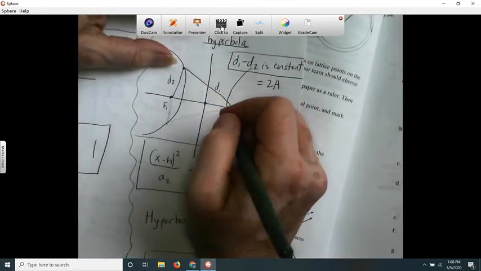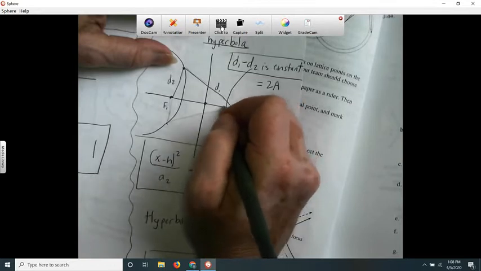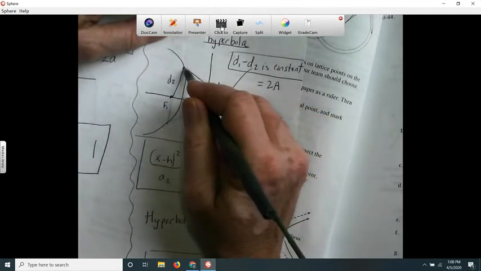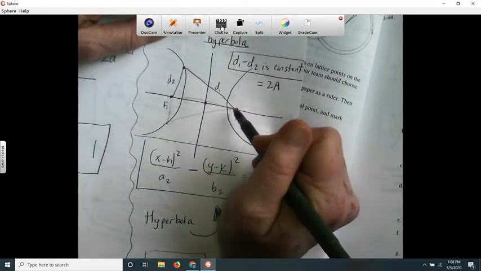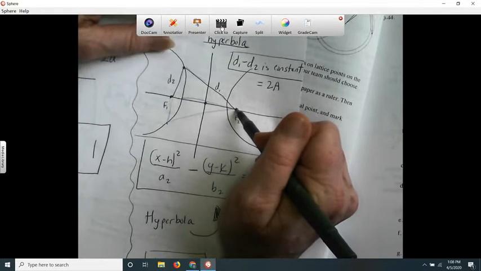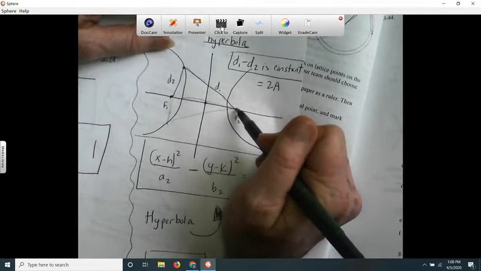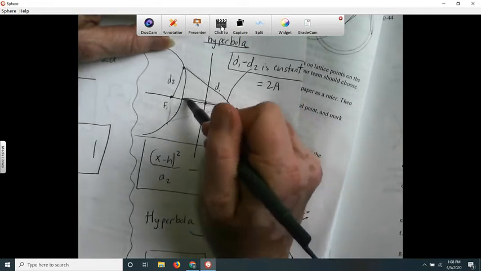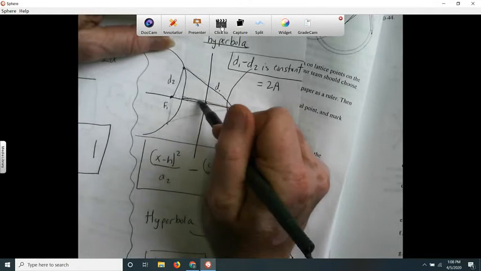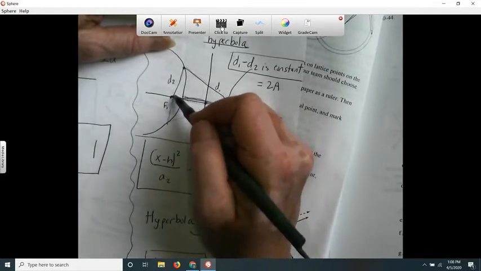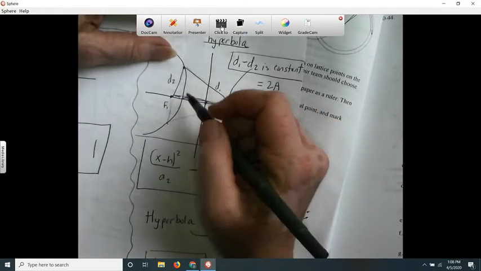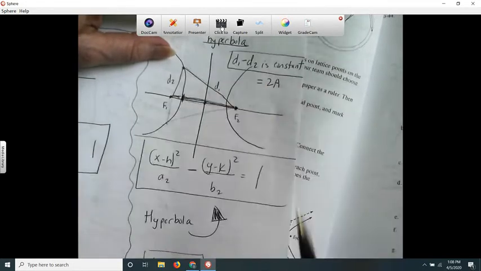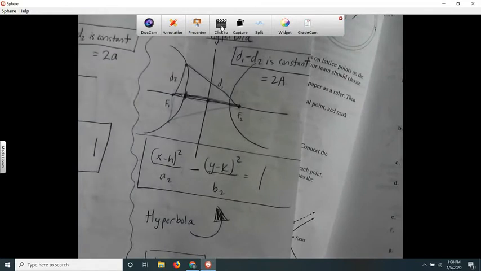Let's let this from here to here, so basically I'm going to say D1 is a longer distance and D2 is a shorter distance. If I start from this focus and let this be D1 right here, that'd be the longer one, and then this one could be D2. I'm trying to convince you that D1 take away D2 is 2a.